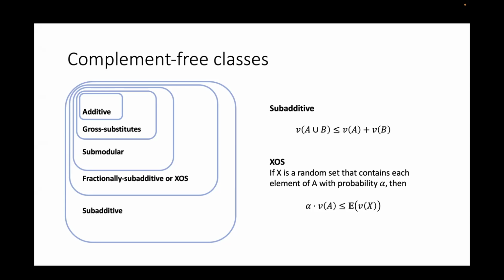And there are different classes in there. The other one I will talk about is XOS. One way of characterizing this class is the following. For every set A, if X is a randomly chosen set, not independently, just maybe correlated on the items, but it's a random set, that for every item in A contains it with probability at least alpha, then the expected value of that set is at least alpha times the valuation of A. There are more ways of characterizing this class, but this is one.